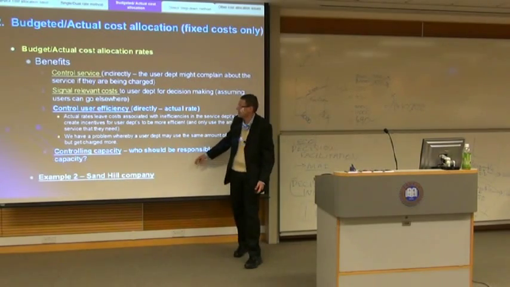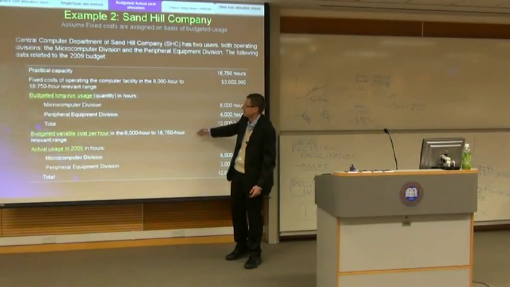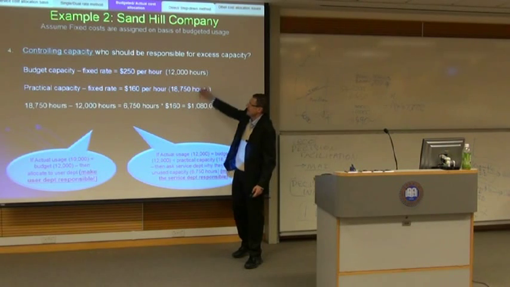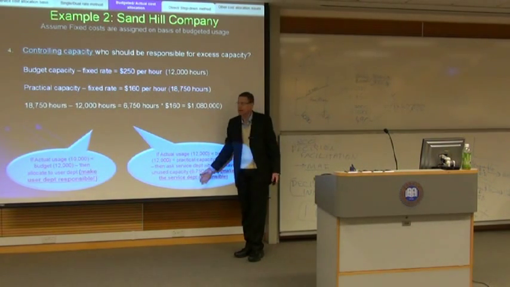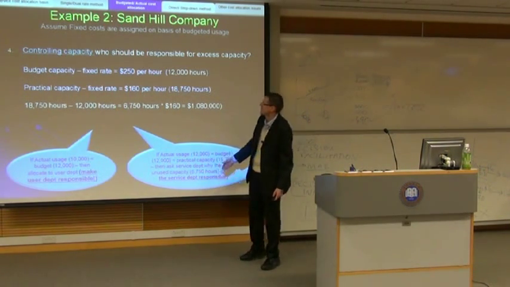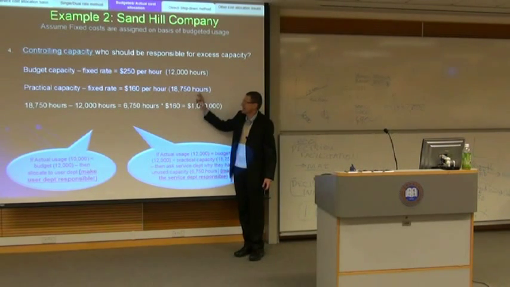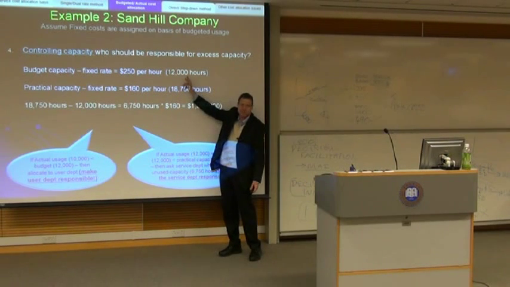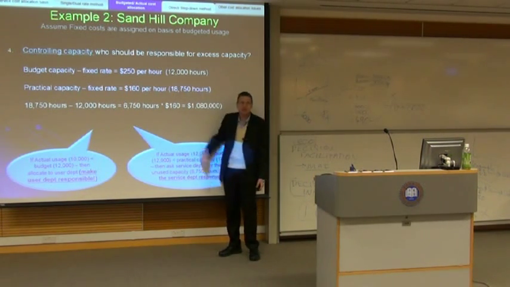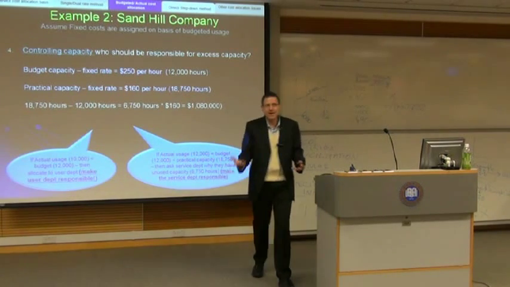And that controlling capacity is basically what I've showed you in a bit more detail in this slide here. Okay? So, look, they put in 18,750 hours, but on average you're only using 12,000. Who's to blame? Do you pass all $3 million of fixed costs onto these users? It's not fair, right?